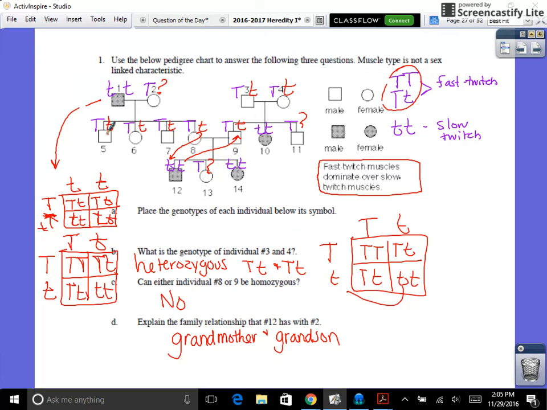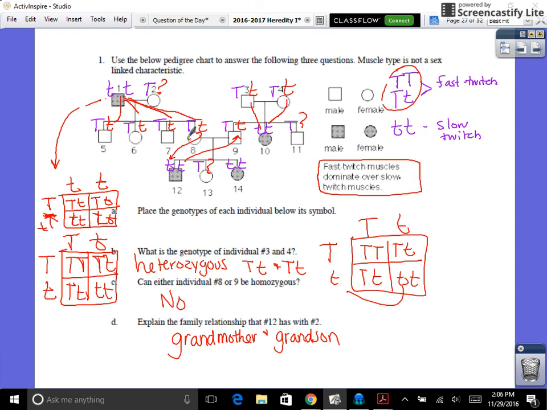The way we know that the second letter for 5, 6, 7, and 8 is the lowercase t is because if you look at number 1, that is the only allele that he has to give the offspring. Each parent has to contribute 1 allele, or half the information. So that's how you know that's where they got the lowercase t. Then we continued to look at 3 and 4. They had an offspring that was recessive, so they must have been responsible for also giving the recessive allele.